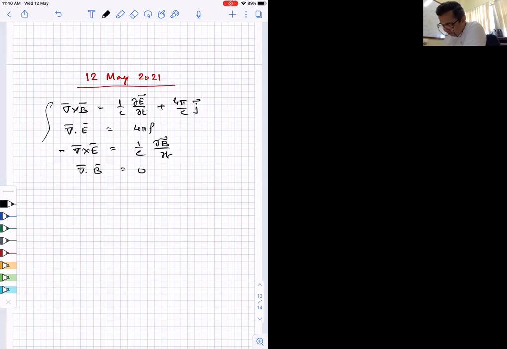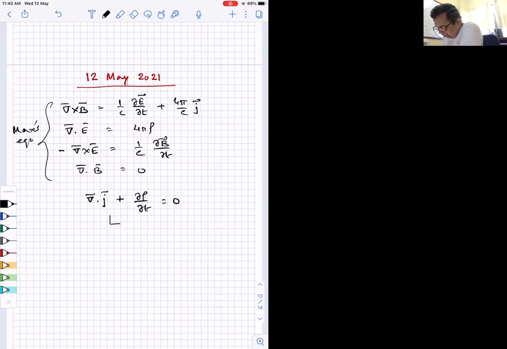And along with the Maxwell's equations, we also have the local conservation law, which is divergence of J plus del rho by del T is equal to 0. And this is basically not an independent statement.